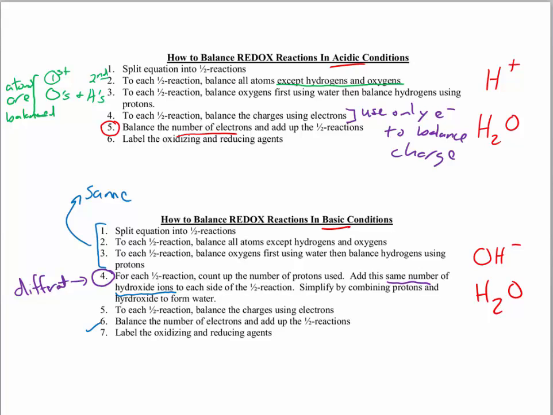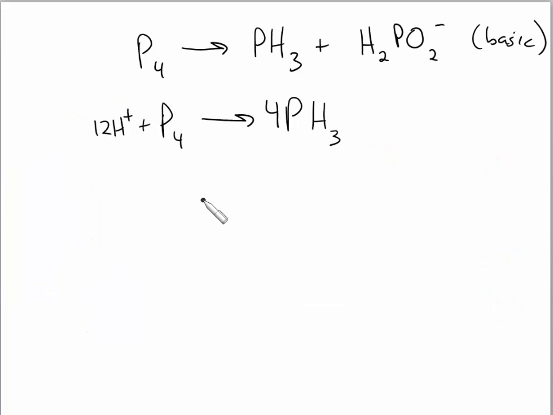What does that look like? Well, that number is based on how many protons I have sitting here. If I want to neutralize this acidic solution, I'm going to need 12 hydroxides to come along and essentially react with those 12 protons. I can't just do that; I also need to do this.